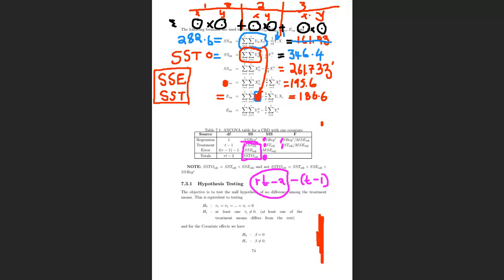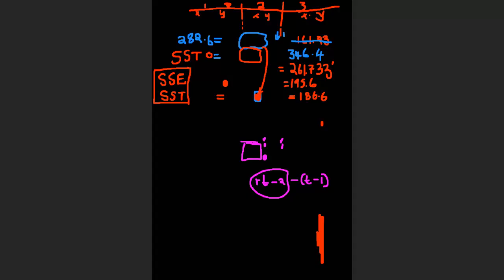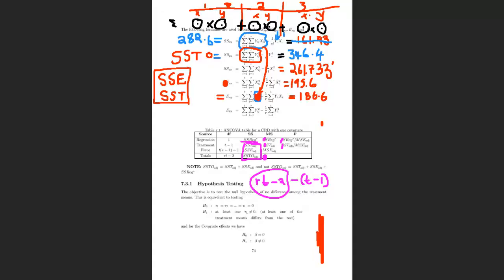What are you getting, Christoph? It seems like you're not agreeing with our value. I'm getting 305.13 for SS treatment. No, now we're talking about SSE. What is your SSE, Christoph?